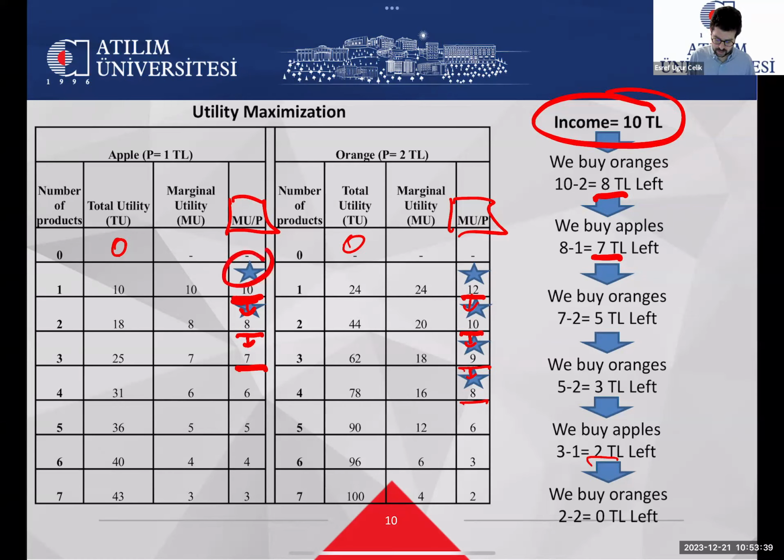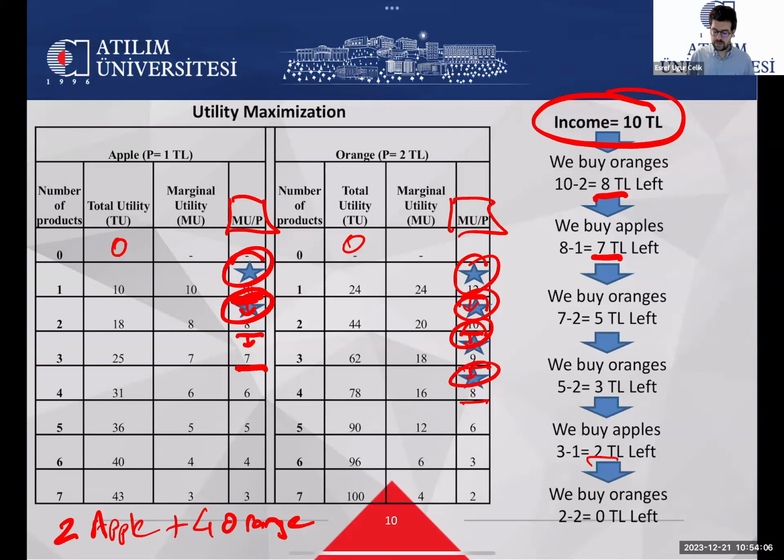Let's calculate it. 2 apples and 4 oranges give the optimum or highest utility level for the consumption with a 10 Turkish lira budget.